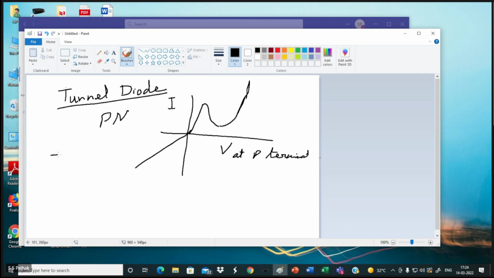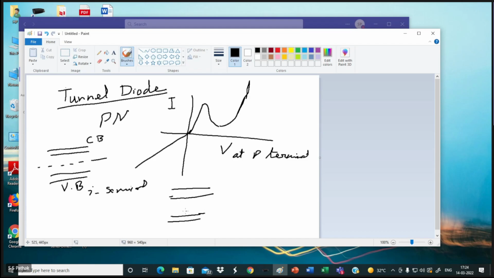Your semiconductor has bands like that. One is called the conduction band, CB. This is the valence band, VB. When it is an intrinsic semiconductor, its Fermi level lies in the center. When I make it P type, I dope some group 3 elements in it, because the semiconductor silicon or germanium is a group 4 element.